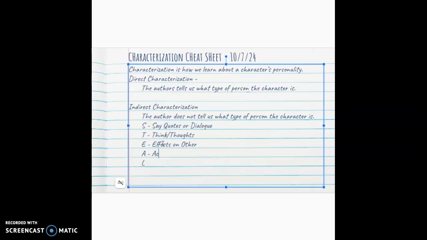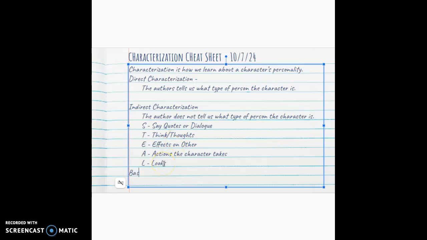A is actions the character takes. And L is looks. Right? What does this character look like? Only in indirect characterization.